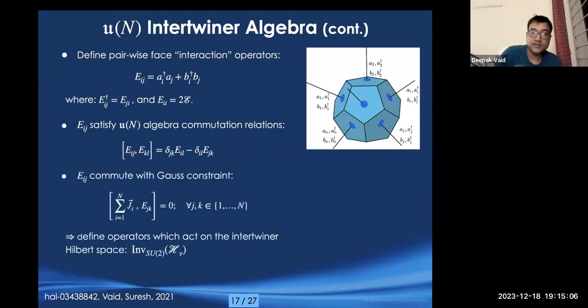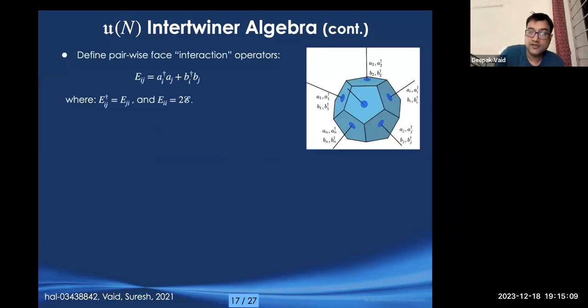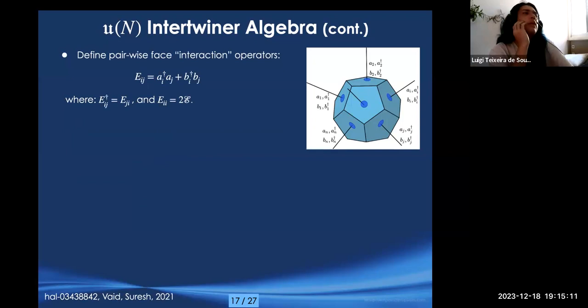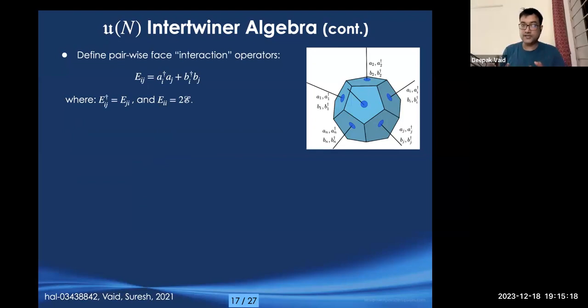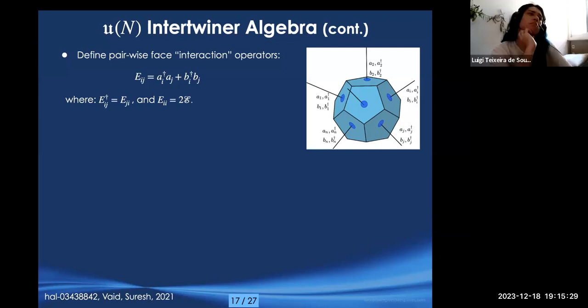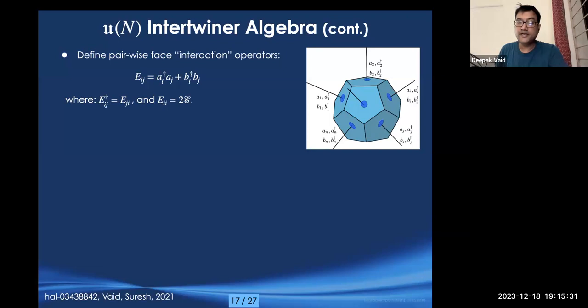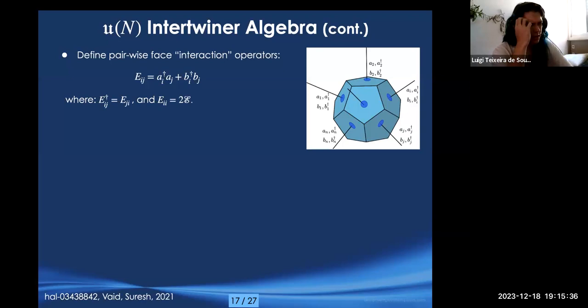So if you look at this, you have this E. I expected the interaction to mix A and B, no? No, it's not mixing A and B. Well, you have A_i dagger A_j and B_i dagger B_j. But they weren't mixed, right?